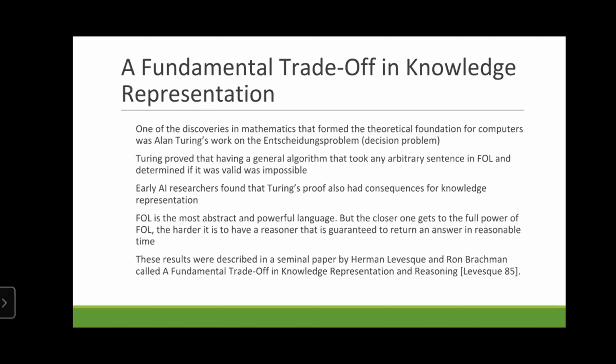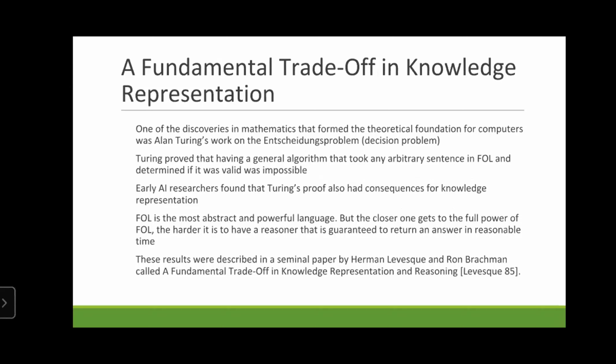And this also led to researchers understanding that there's a fundamental trade-off in knowledge representation and reasoning. In fact, this traces back to one of the most important discoveries in mathematics that formed the theoretical foundation for all of computer science. That was Alan Turing's work on something called the Entscheidungsproblem, which is just German for decision problem.